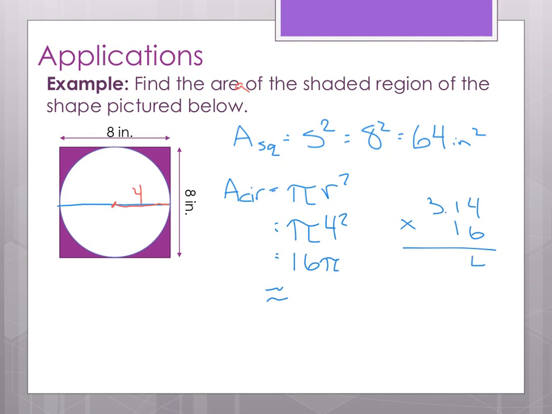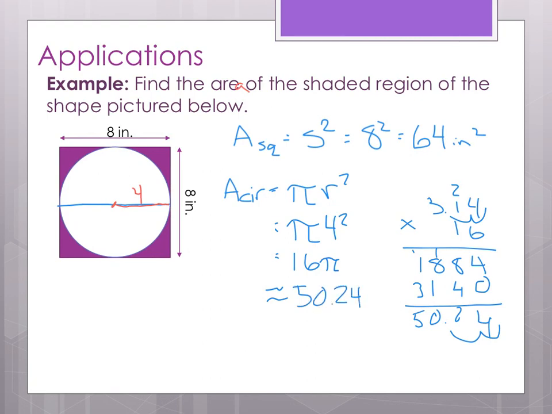We get 24, 8, 18, and then 0, 4, 1, 3. When I add these together, I get 4, 2, 10, and 5. Moving my decimal in 2 places, I get 50.24 approximately.